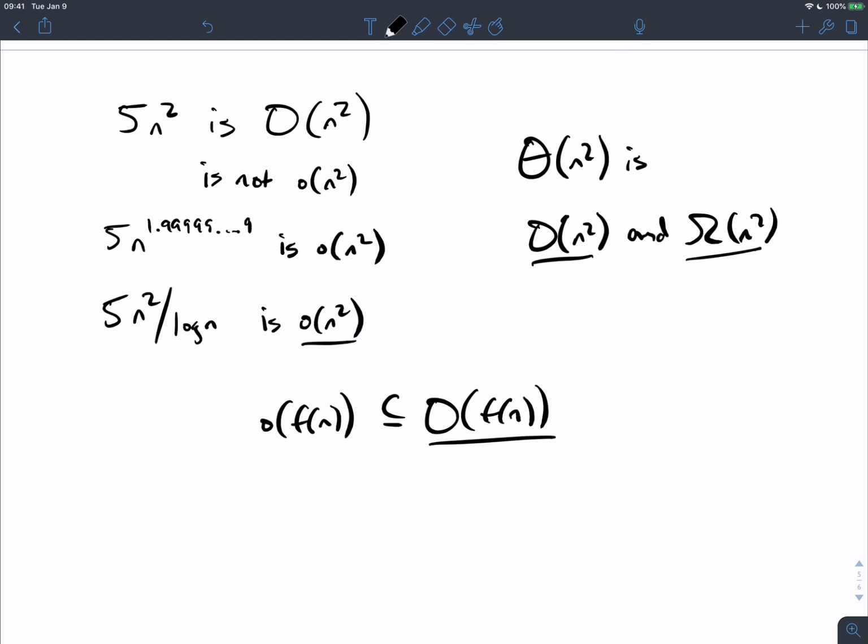The little o contains all the functions that run slower than n squared in this case. If you go all the way down to constants, that includes all functions that we consider here. But big O of n squared contains all of those and the ones that run in some constant times n squared time.